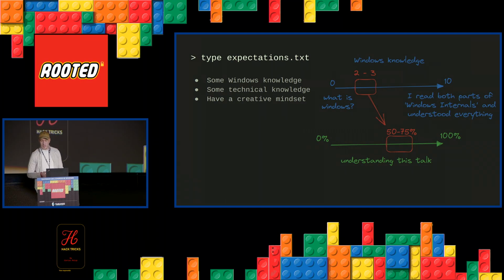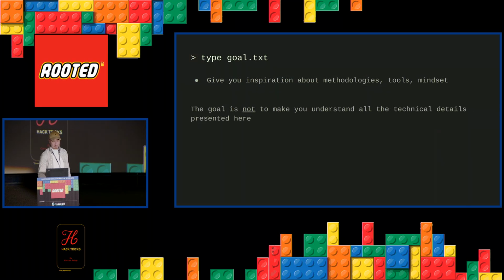I don't expect anyone to understand all of it because there will be some technical details, but those are not the things that matter. The goal is to give you inspiration about the methodologies, the tools, and the mindset you can have when you want to pursue this. So the goal is not to make you understand all the technical details.